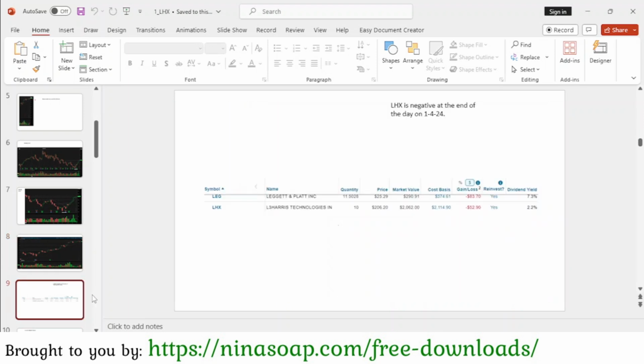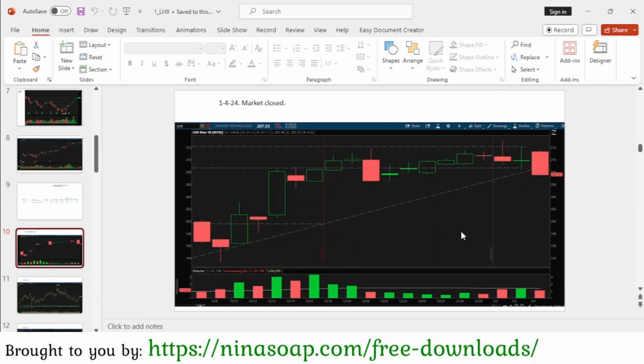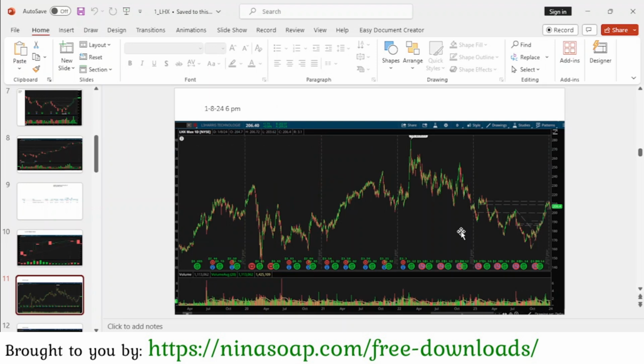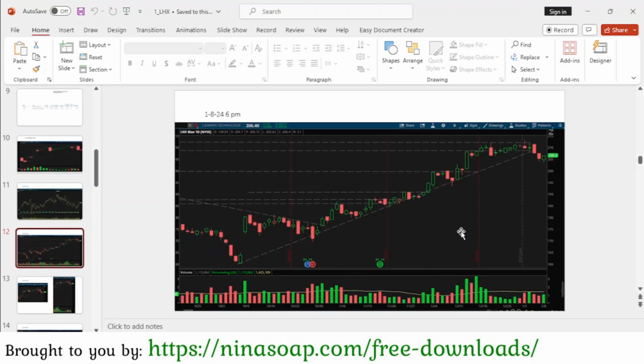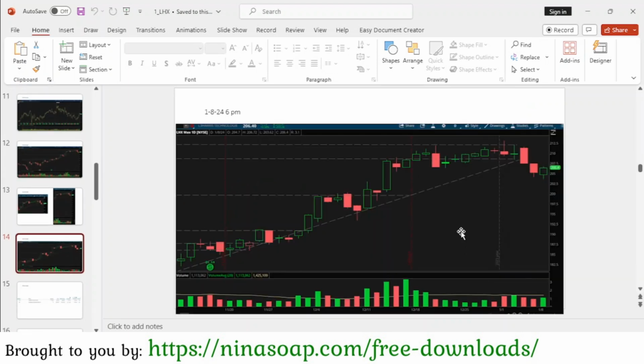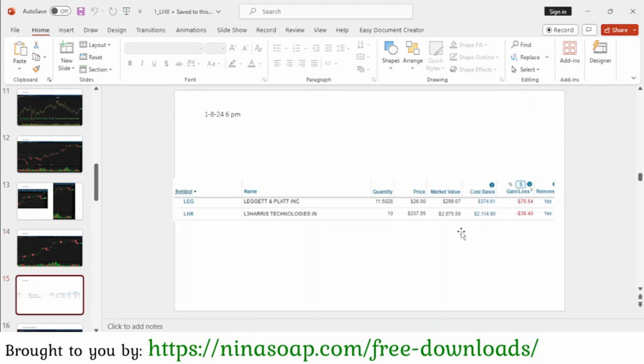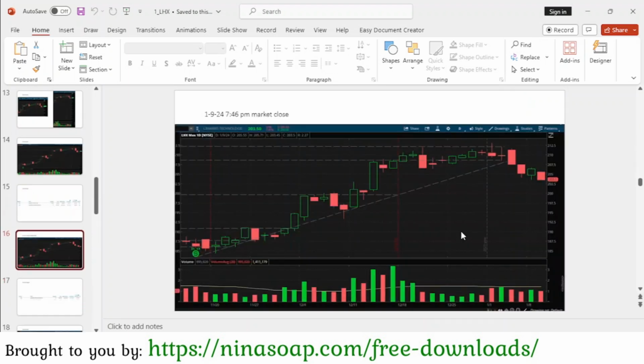Okay, so now a screenshot of the account is $52 negative, and that was on the 4th. On the 8th, at this point it's not really showing where I bought it, so it can be hard to see where I bought it, but it was on the 3rd. And on the 8th, we are $39 negative.